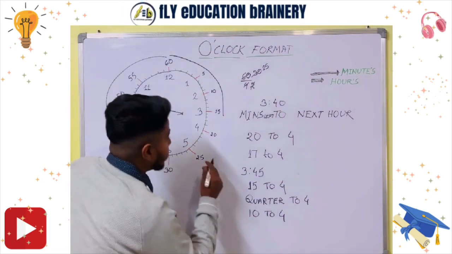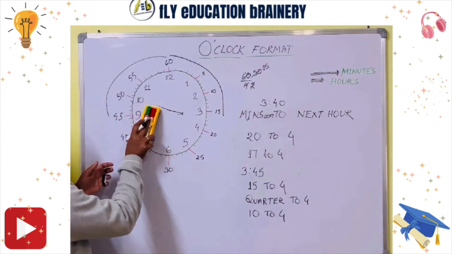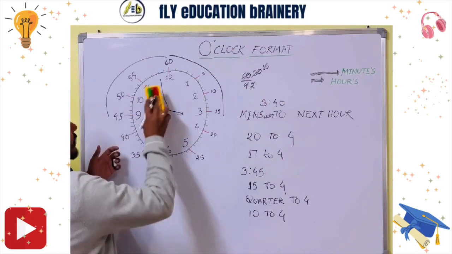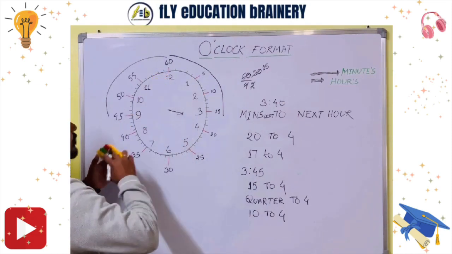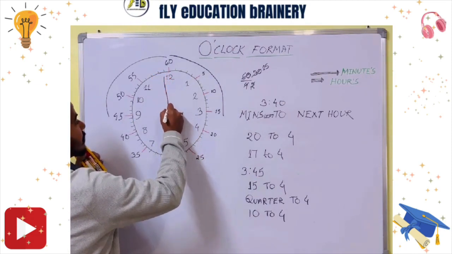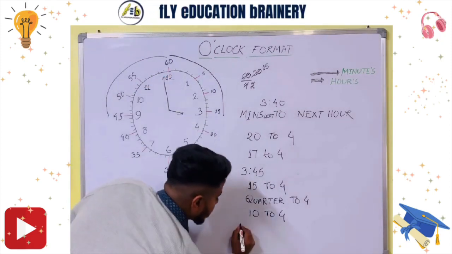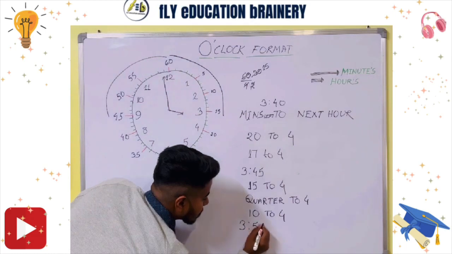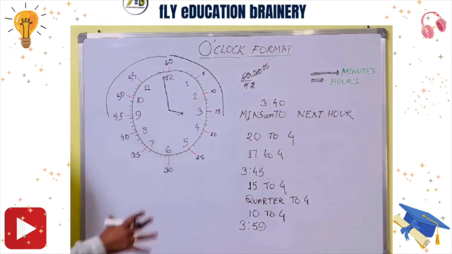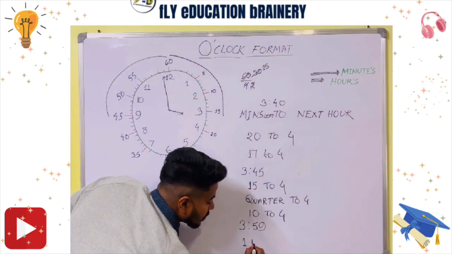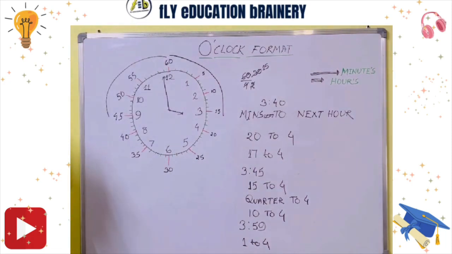And in the same way, when it will be 3:59, on the clock the time will be 1 to 4. That is 1 minute is left for 4 o'clock.